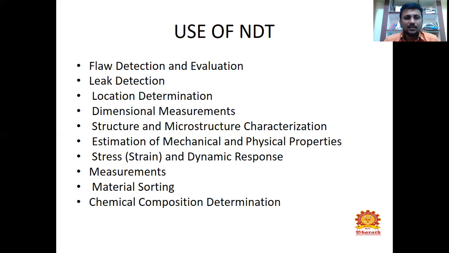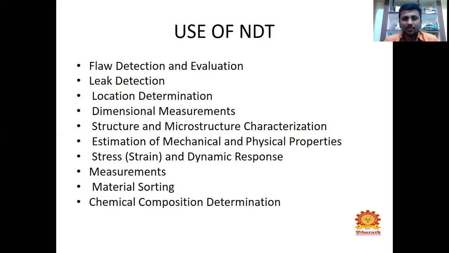Then structure and microstructure characterization. That also we can find using NDT. Then estimation of mechanical and physical properties. Yes, using NDT we can find out the mechanical and physical properties. Then stress or strain and dynamic response.